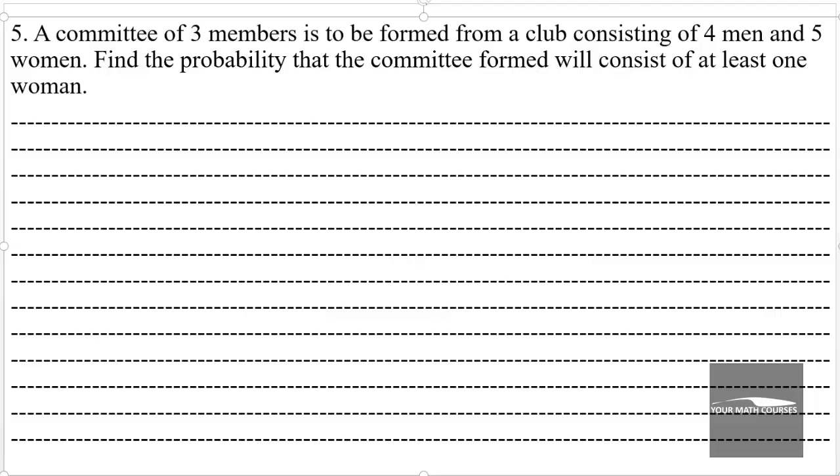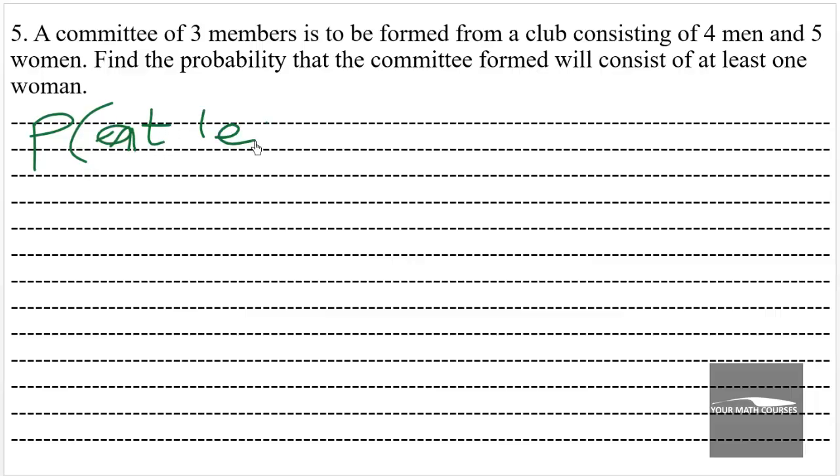Let's solve question number 5. A committee of 3 members is to be formed from a club consisting of 4 men and 5 women. Find the probability that the committee formed will consist of at least 1 woman. So let's do that. Probability that the committee will consist of at least 1 woman.